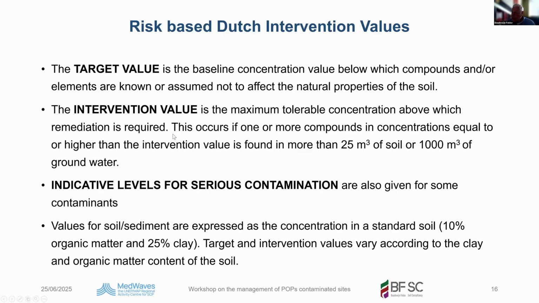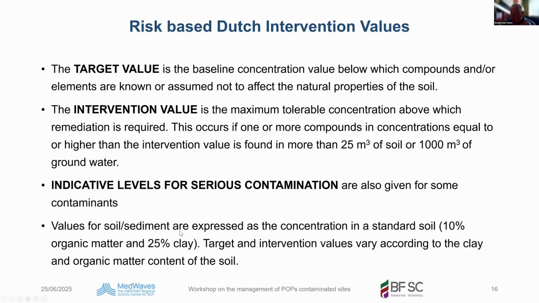So besides the values, we also have a quantity criterion. If these intervention values are exceeded in more than 25 cubic meters of soil and more than 1,000 cubic meters of water, then we have to take action. And then identification levels for serious contamination are also given for some contaminants.